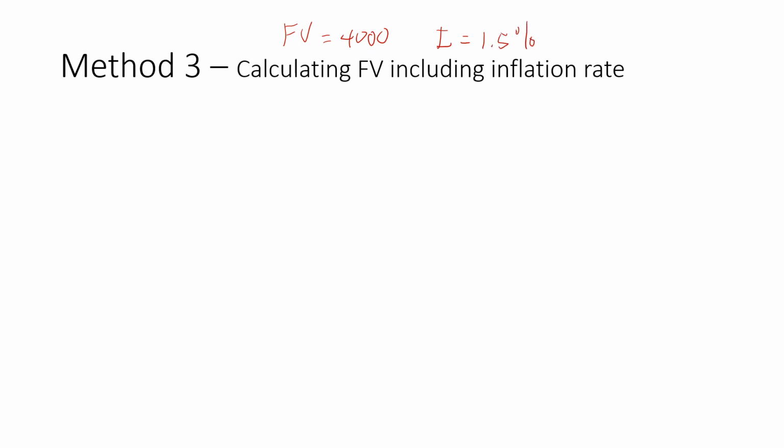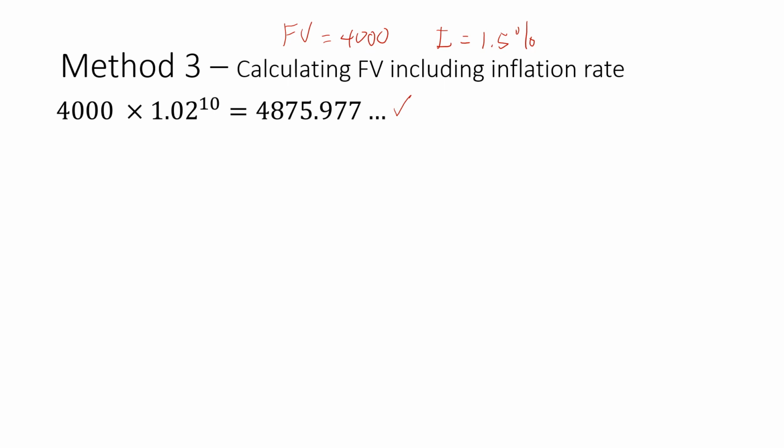This is adjusted already. We have the nominal rate minus the inflation rate, and that gives us 1.5% interest rate. So for this, we're going to find the future value which includes the inflation rate. It's going to be 4,000 times 1.02, which is a 2% inflation rate, to the 10th power, because that would be in 10 years. So in 10 years' time, your future value will be 4875.977.